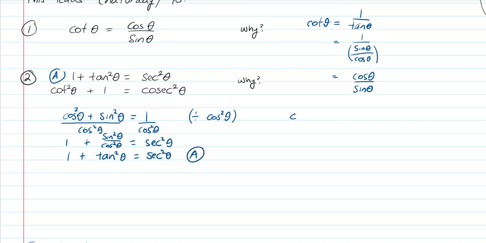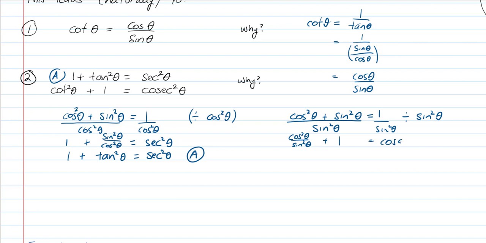And then equally, if we take cos squared theta plus sine squared theta equals 1, and we divide by sine squared theta, now we get cos squared theta over sine squared theta plus 1 equals cosec squared theta.